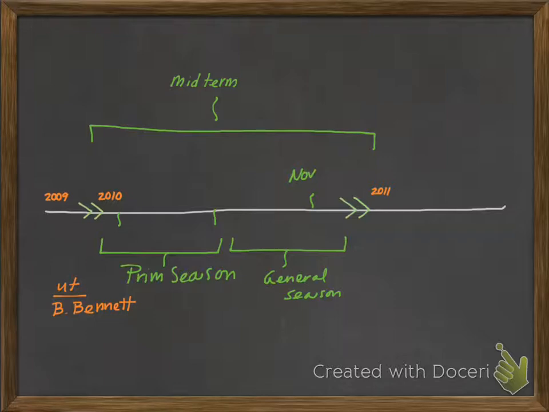But he was actually defeated by Mike Lee in the primaries, and then Mike Lee goes on to win the general election. And as you probably know, Utah is generally considered what is known as a one-party state.